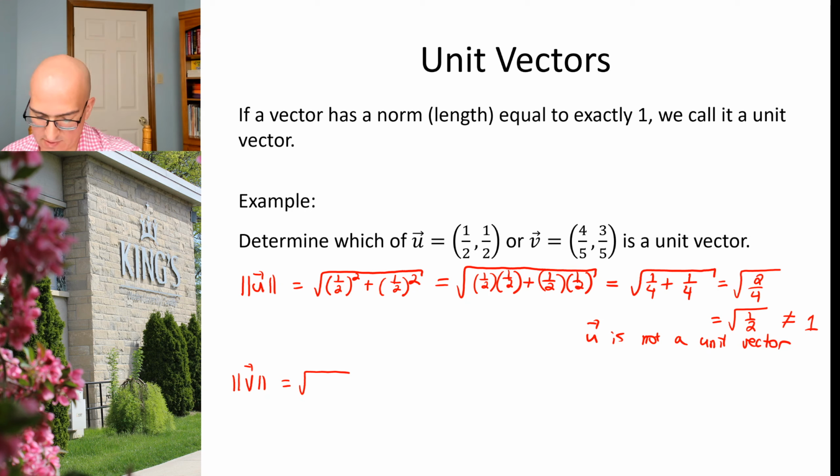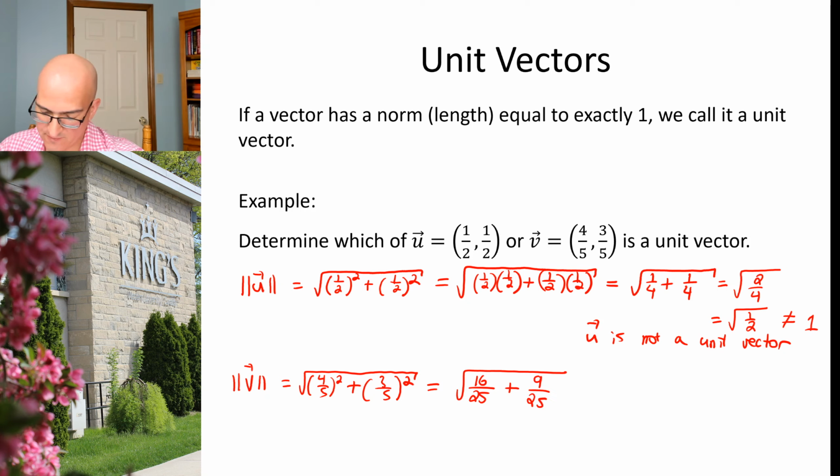So its length, or norm, is the square root of 4/5 squared plus 3/5 squared. We'll follow the template that's above. 4/5 squared means 4/5 times 4/5, top times top, 4 times 4, 16, over 5 times 5, 25, plus 3 times 3, 9, over 5 times 5, 25.